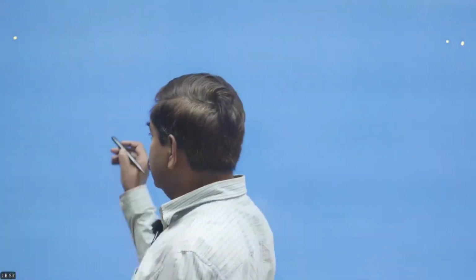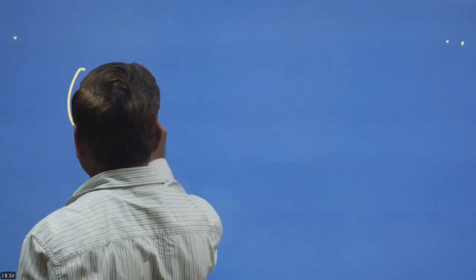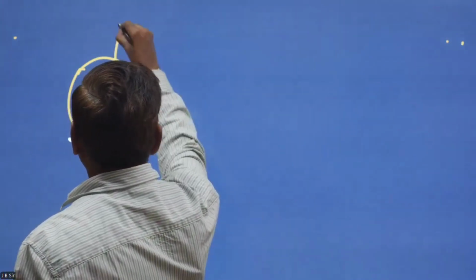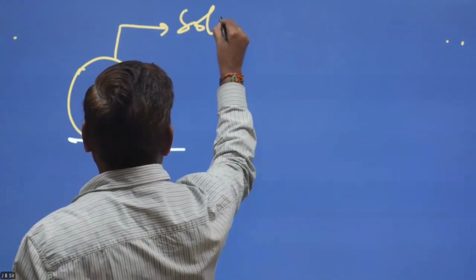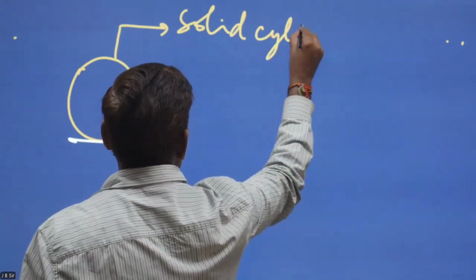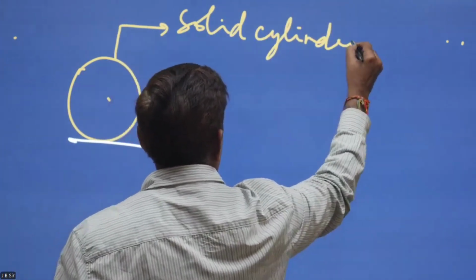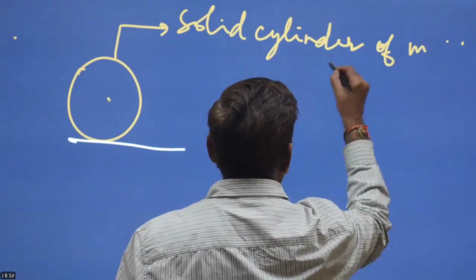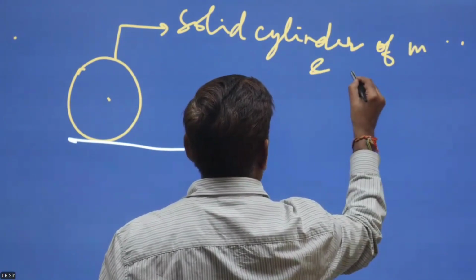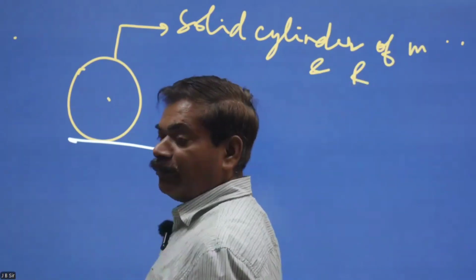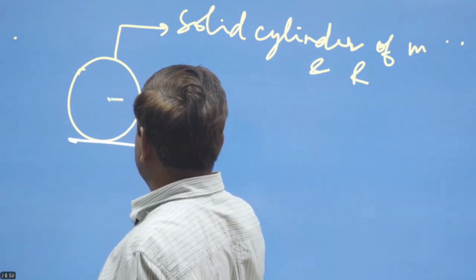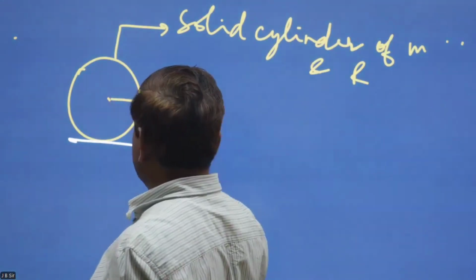Look at this. Suppose you are given a solid cylinder of mass m and radius r, and it is given a velocity v naught in the forward direction.